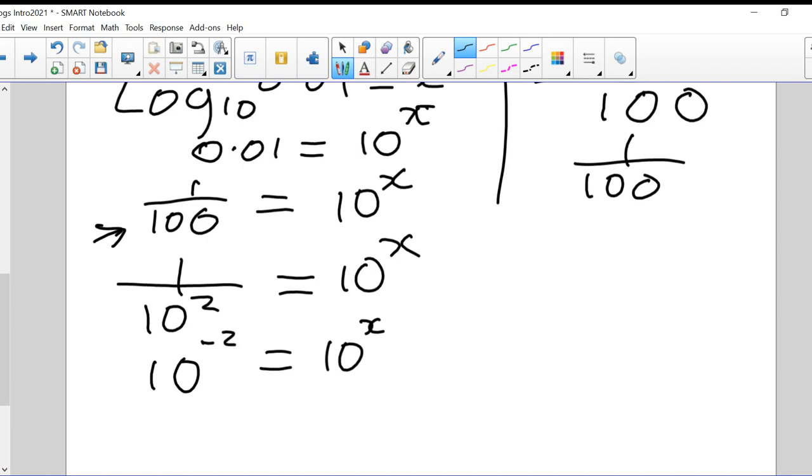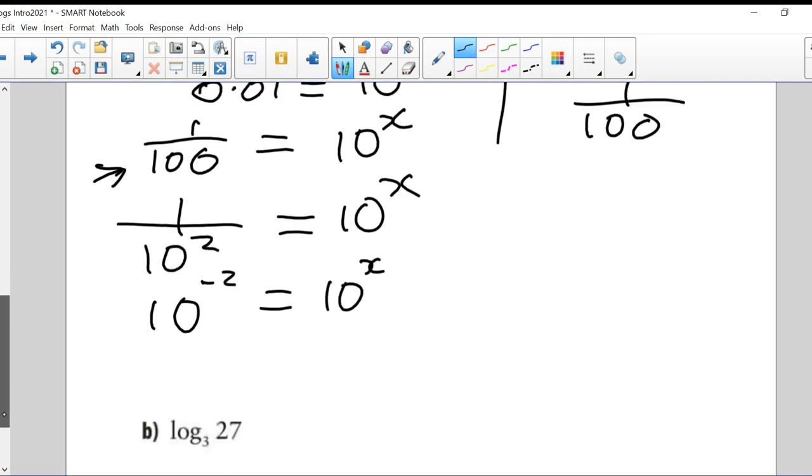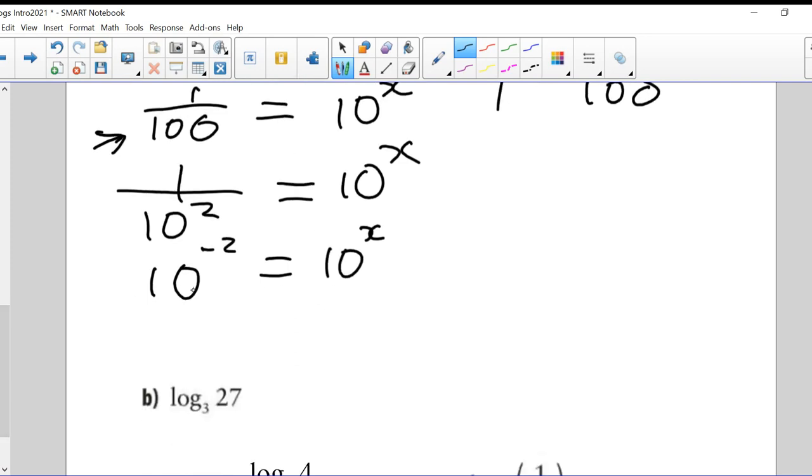Right? Those are the same, right? 10 to the minus 2 is the same thing as 0.01. That's just a fact. So now we have the two sides with the same base. So I'm going to ask you finally now, Quinn, to tell me what x is based on what we have done before. It's equal to -2.